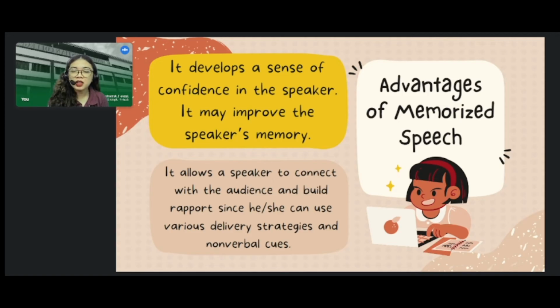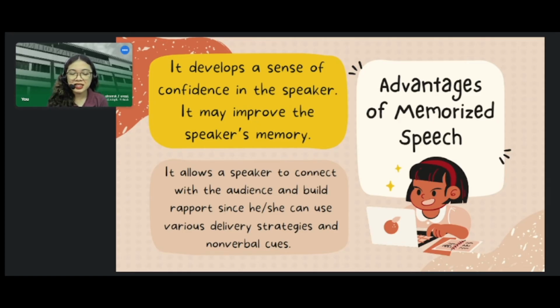In that moment, it will build your confidence. Why? Because you already know kung anong sasabihin mo. Because nga, you already memorize your speech. It may improve the speaker's memory. Okay? Like what I've said earlier, no? In memorized speech, it will help you to have an exercise of memorization and to have a keen memory.